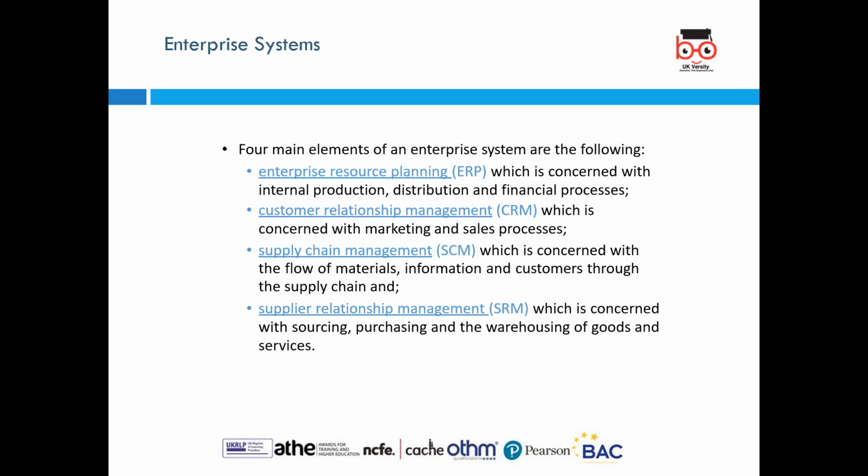So as we can see, there are four main elements of enterprise systems which have to be taken into consideration. So we have to take into consideration ERP, which simply stands for Enterprise Resource Planning.